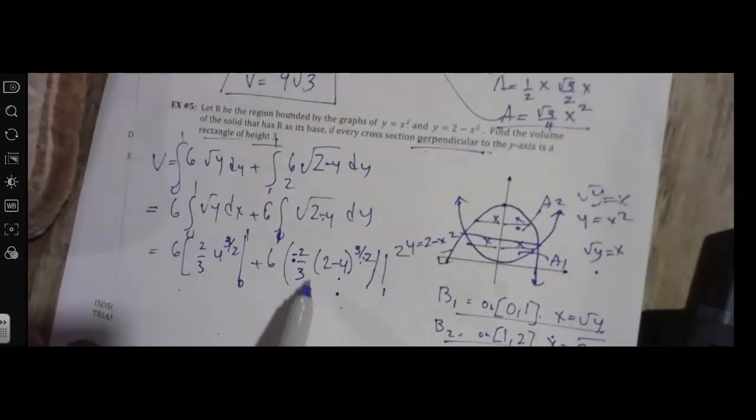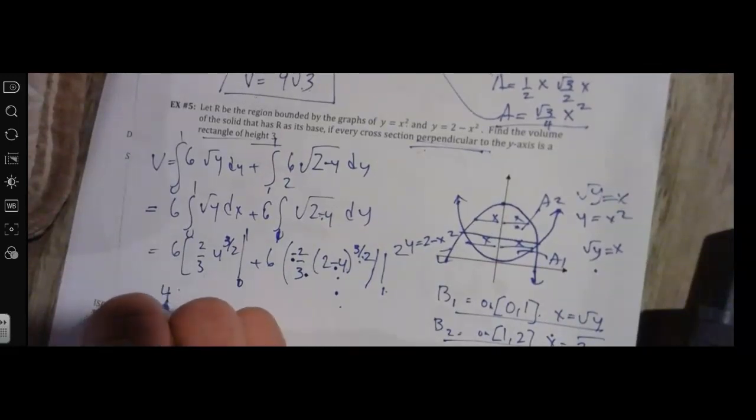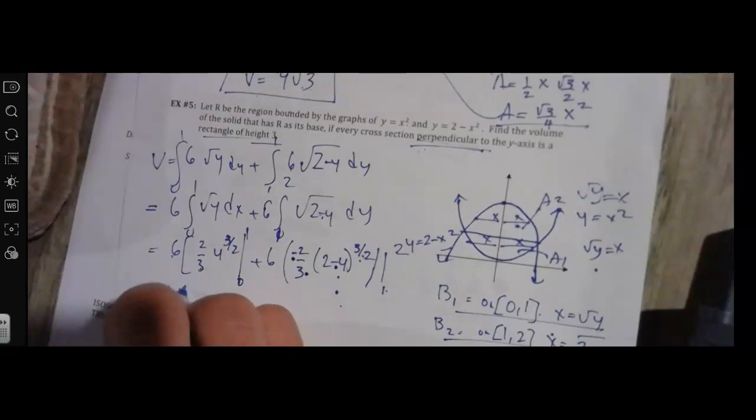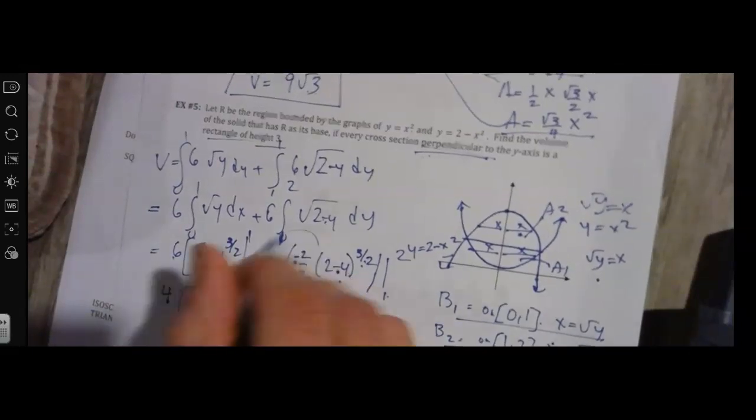You see that one? Because when we do the 3/2, we divide by 3/2, which is really like multiplying. When we divide by 3/2, it's like multiplying by 2/3, but it becomes negative because of that chain rule there. And we're going from 1 to 2, so be careful of that. And then we evaluate that, so it's going to be 4. Well, 2/3 of 6 is 4. 4 times 1 minus 0 minus 4, again 4 here.